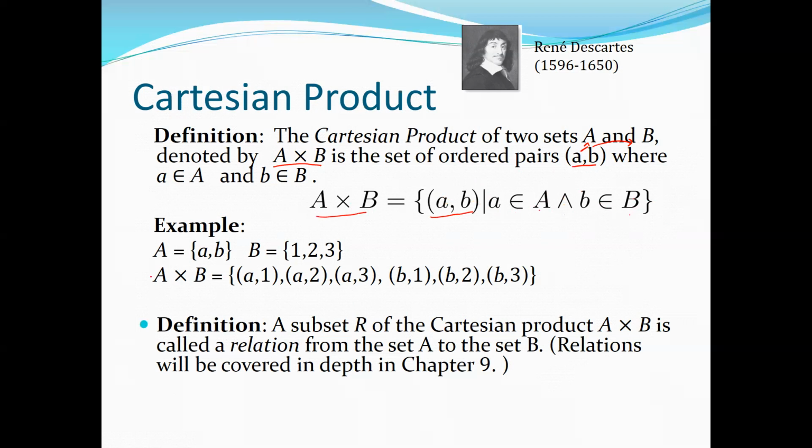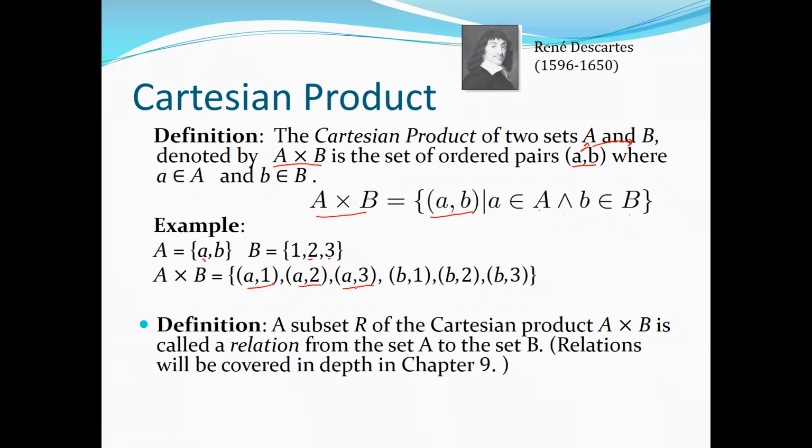All right, so here are some examples. If the set A is {a, b} and set B is {1, 2, 3}, what is A cross B? A cross B is the set of all ordered pairs of A and B. So what does that mean? First of all, we will use a and 1, so (a, 1), then (a, 2), then (a, 3), right?